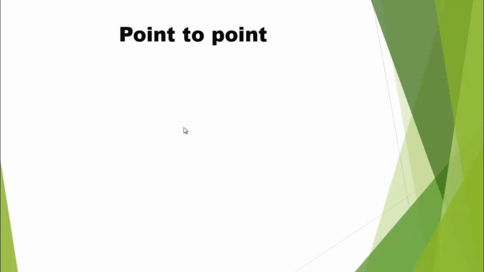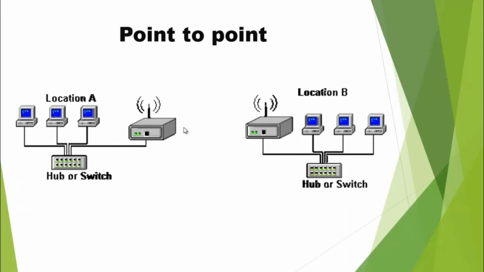Point to point networks are used for long distance communication, and there are different paths available in a point to point network by which computers connect with each other, so if they want to transmit data from one to another, information can be easily exchanged.